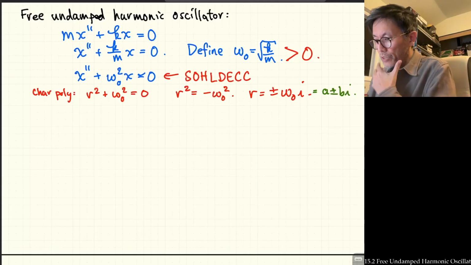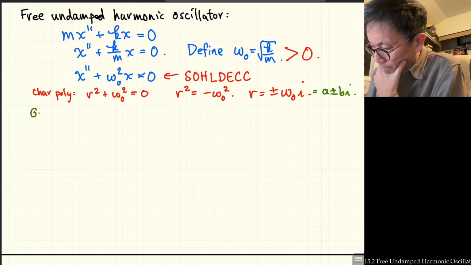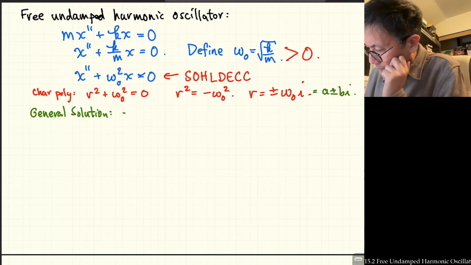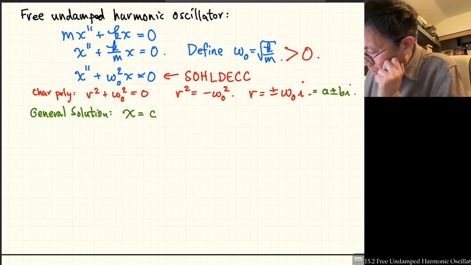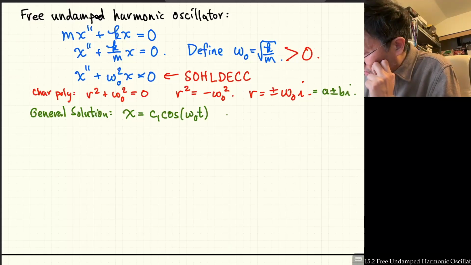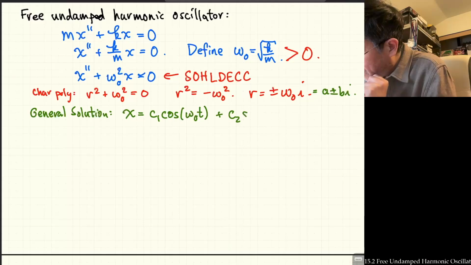And so our general solution, where our dependent variable is x, is x equals c1 times cosine omega naught t plus c2 sine omega naught t.